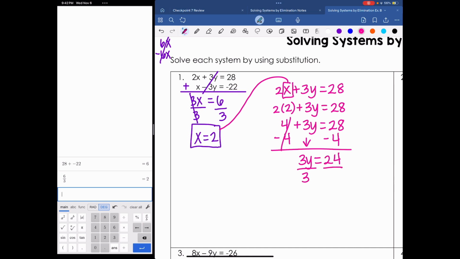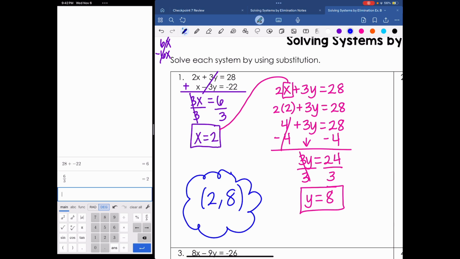Divide both sides by the coefficient of 3, and I end up with y equals 8. Now that I know what my x and y values are, I want to write my answer as a solution. And remember, our solution is an ordered pair. Every ordered pair has an x and y value. In this case, my solution would be (2, 8).